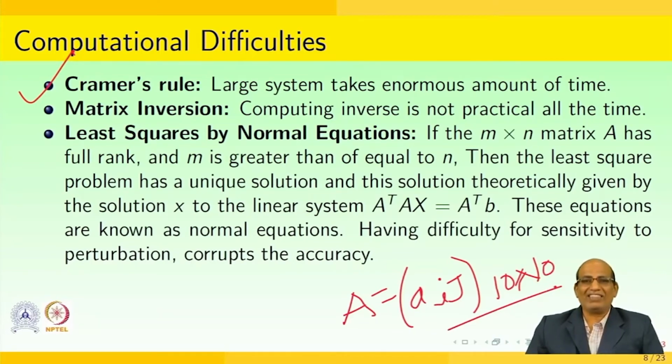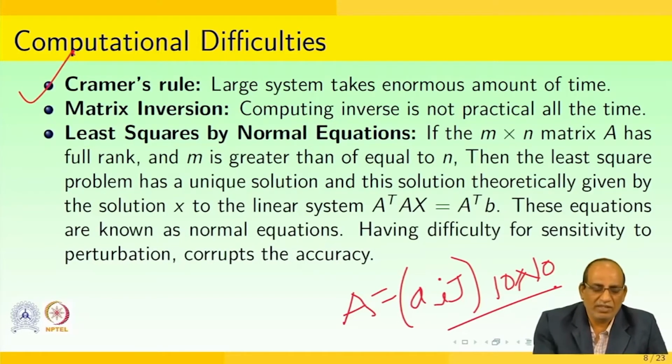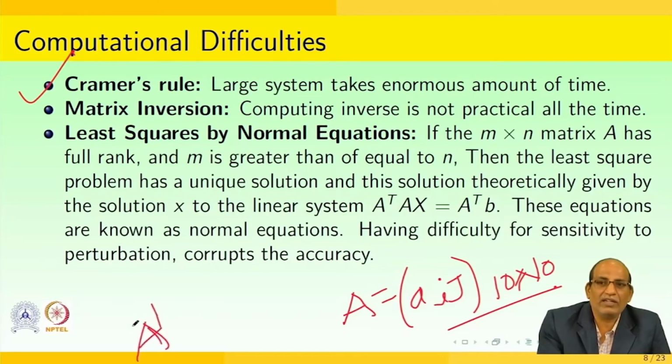So if the m by n matrix A has full rank, that means the number of linearly independent rows or columns will determine the full rank, and m is greater than or equal to n, then the least squares problem has a unique solution, and this solution is theoretically given by the solution x to the linear system A transpose A x equal to A transpose b.